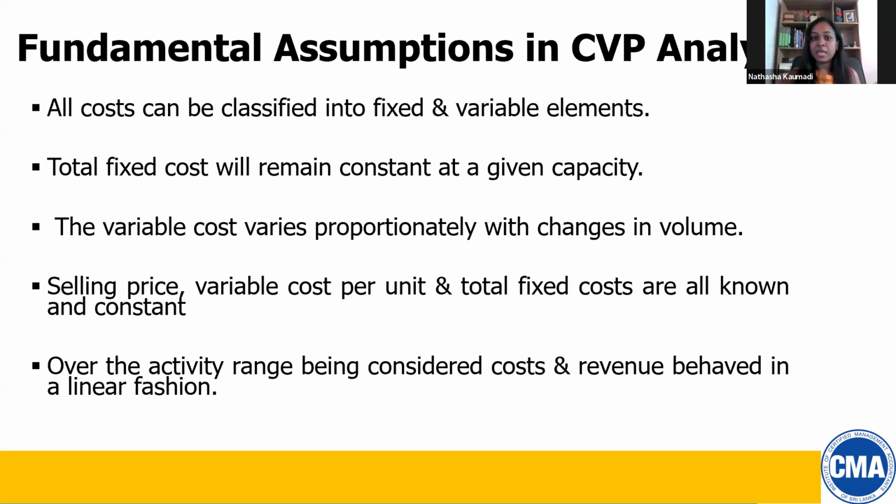With the economies of scale, everything. But in CVP analysis, we assume all these relationships, the cost line, variable cost line, fixed cost line, are linear as a single line. So that is another one, right? Within the given range, all these are linear lines.